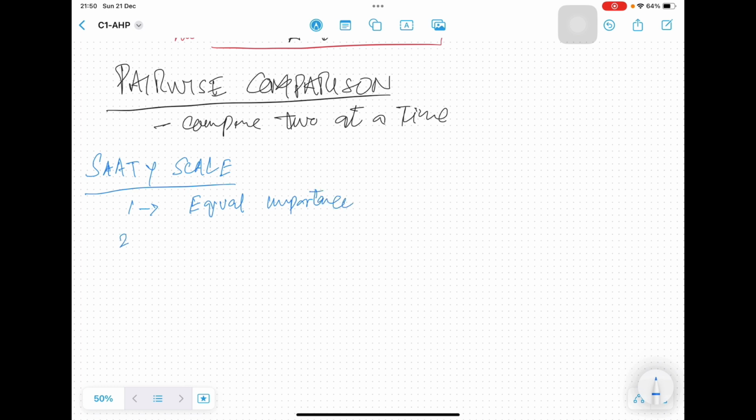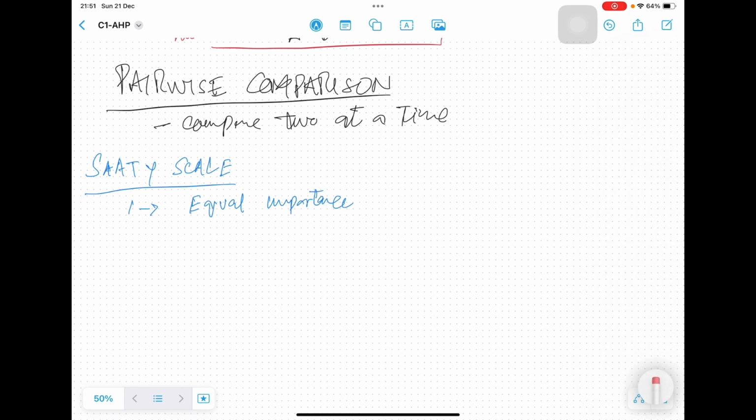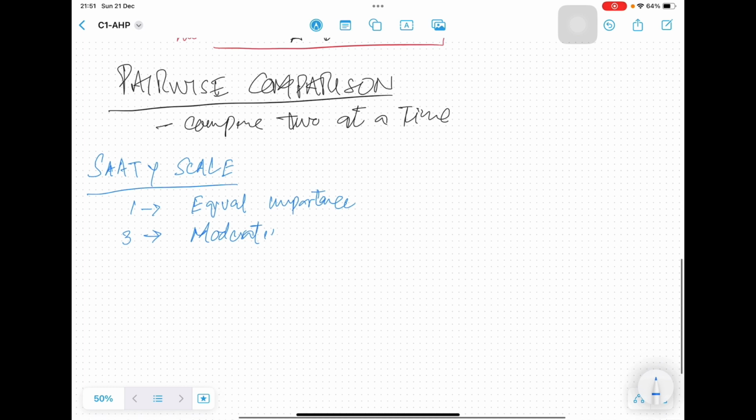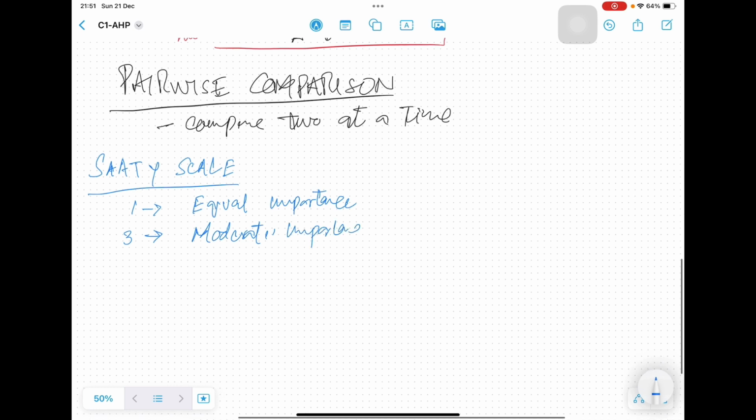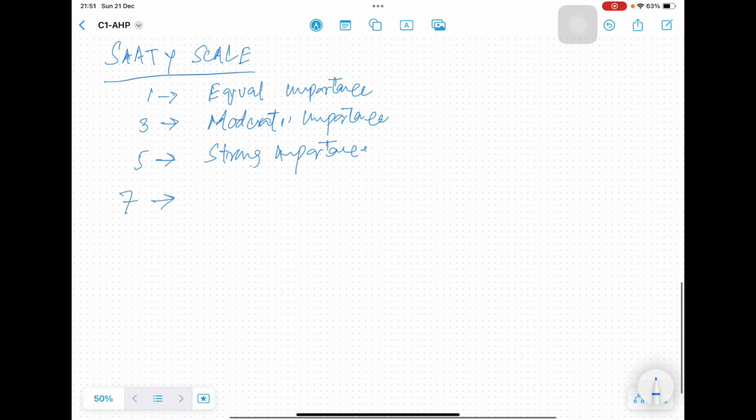We will consider the odd numbers, so it would be easy for us. 3 is moderate importance, 5 is strong, 7 is very strong importance, and 9 is extreme importance. You can find the scale through Google easily by searching Thomas Saaty.